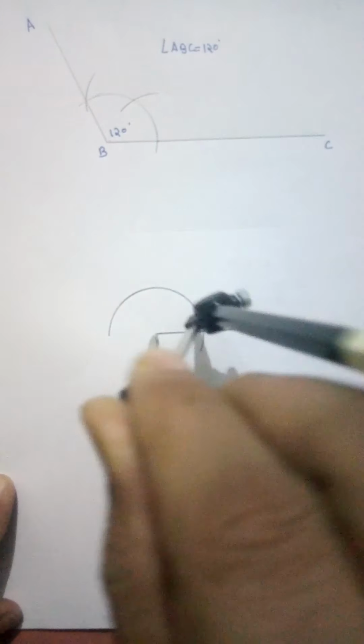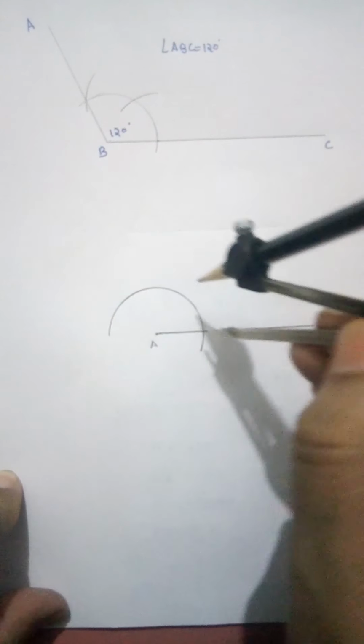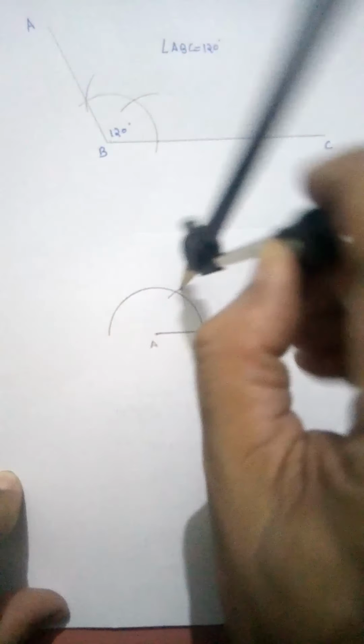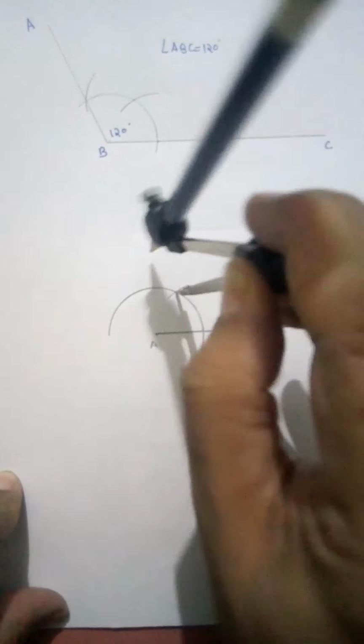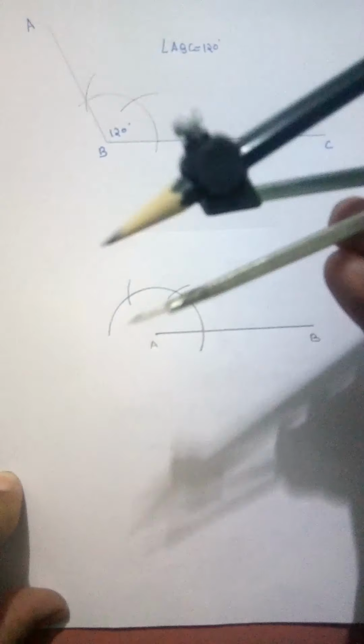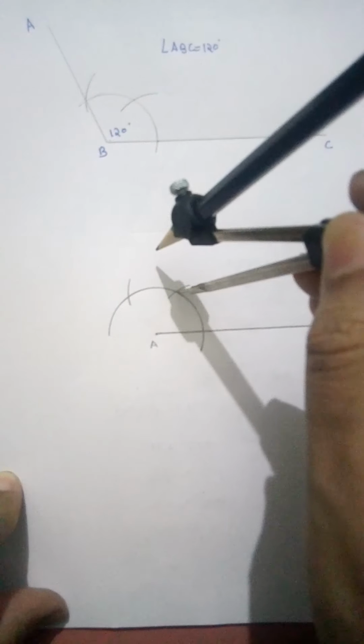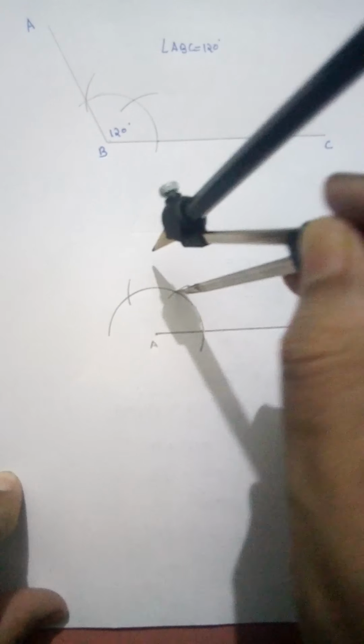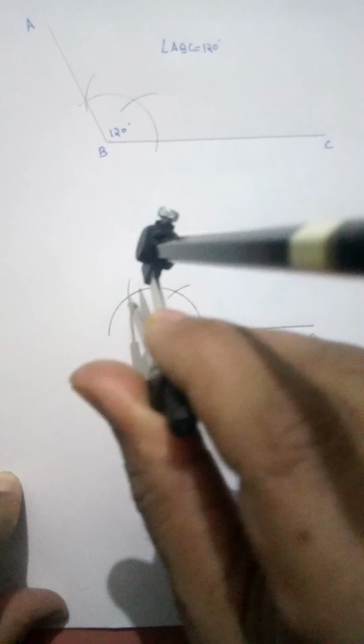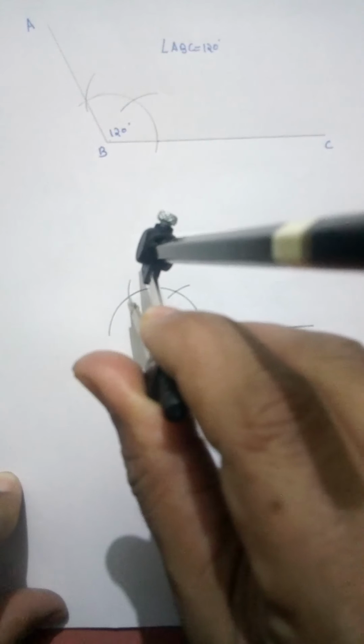because the logic is we will mark the 60 degree arc, then we will mark the 120 degree arc. I am not changing the radius of the arc, and I know that 90 lies between 60 and 120. So one arc at the upper side from the 60 degree point and from the 120 degree point.